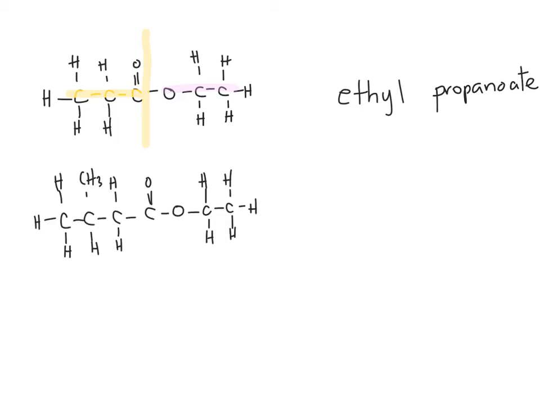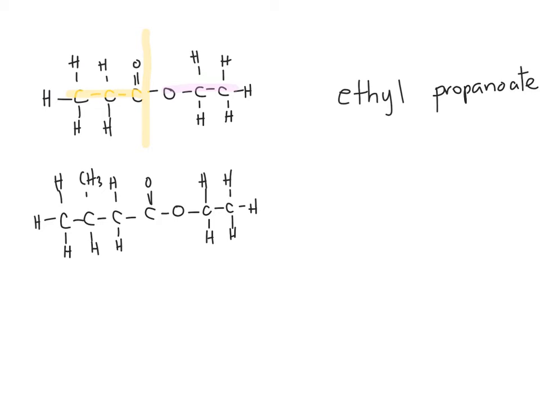If we look at the second structure, we can see that we have our carbonyl group here. So this came from our acid, and this part with a single bonded O came from our alcohol. So we know that the prefix for a 2-carbon alcohol will be ethyl. And then this portion over here has 4 carbons in its longest carbon chain, so that came from butanoic acid, so that becomes butanoate, but it also has a side group.